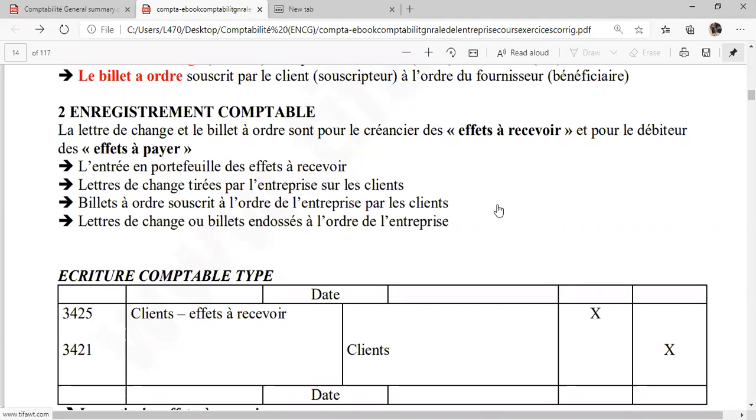In the perspective of the bank, here we're going to redefine the whole principle of debit and credit: the account which loses money is credited, and the account which gains money is debited. So this effet à payer, it's an account.